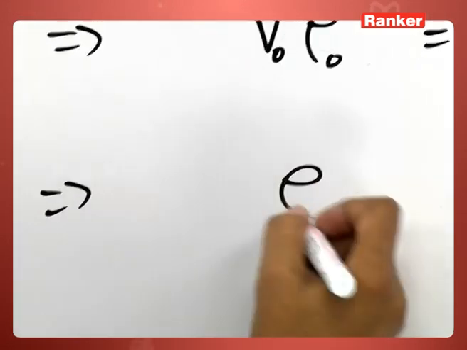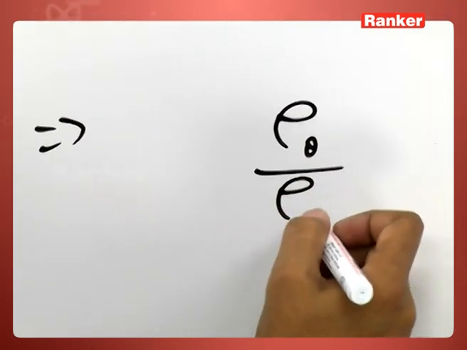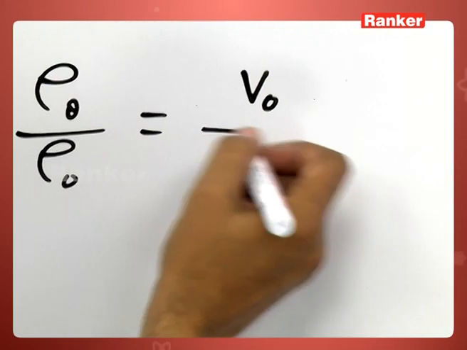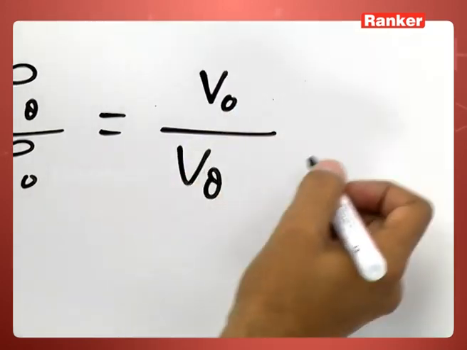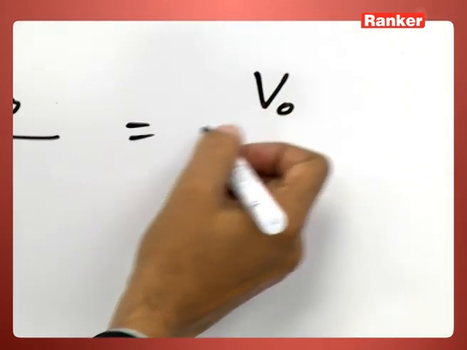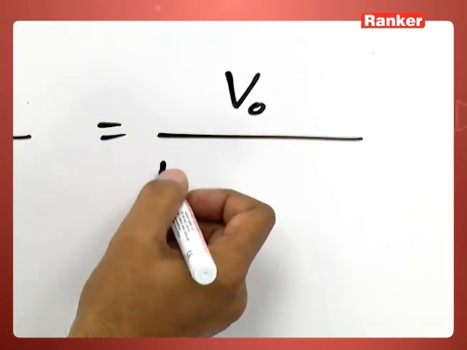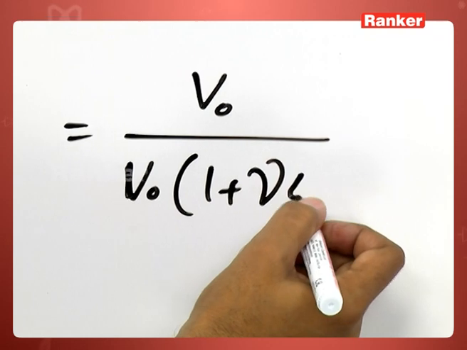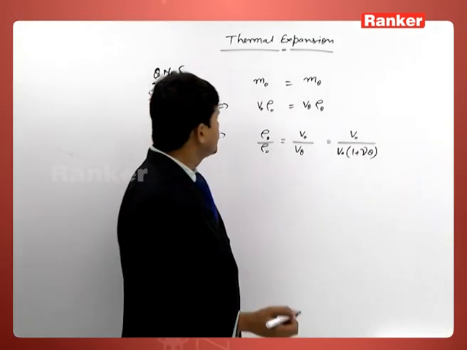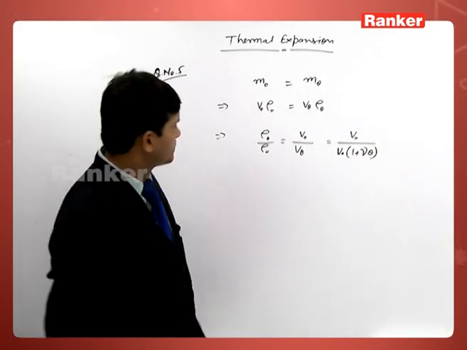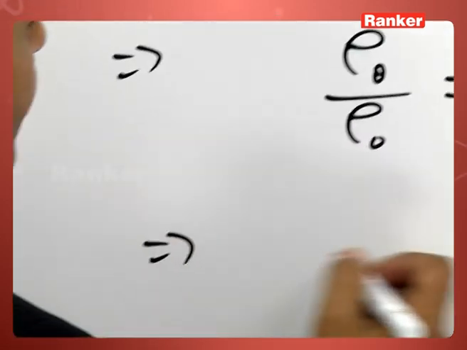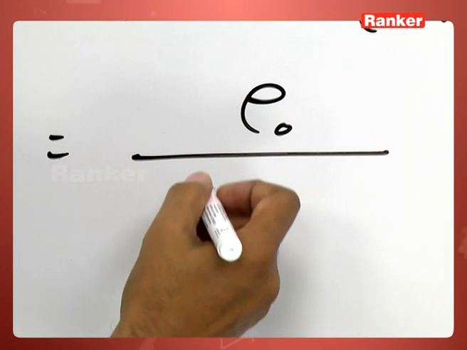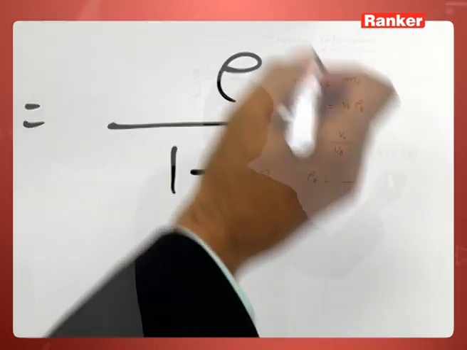So density at theta by density at 0 is equal to volume at 0 by volume at theta, which can be written as 1 by 1 plus gamma theta. So density at theta is equal to density at 0 by 1 plus gamma theta.